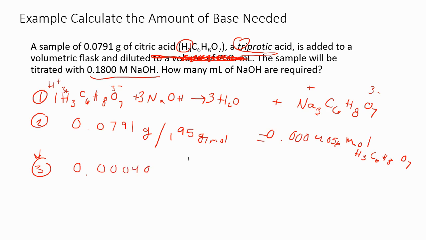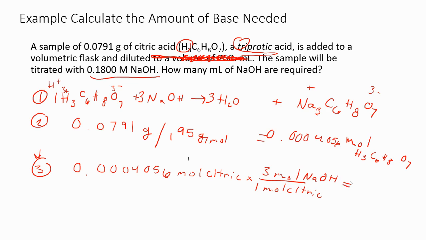So I have this many moles of citric acid, and then we're going to use our mole ratio. For every 1 mole of citric acid, I have 3 moles of sodium hydroxide. Okay, so we've done this before.